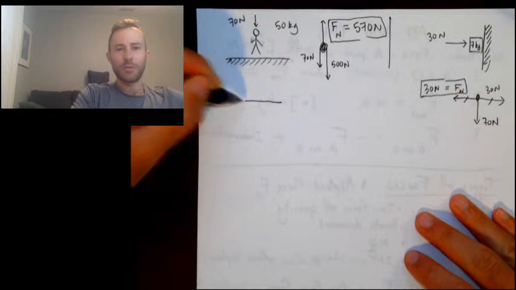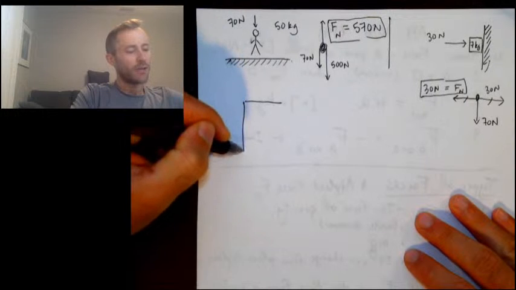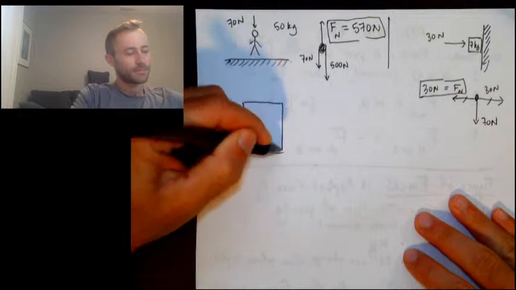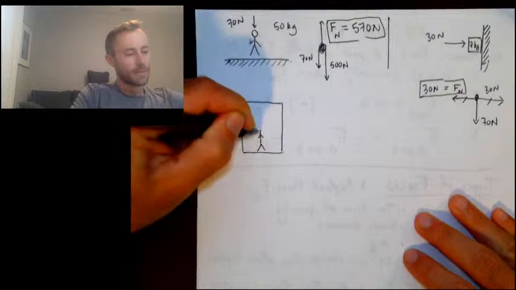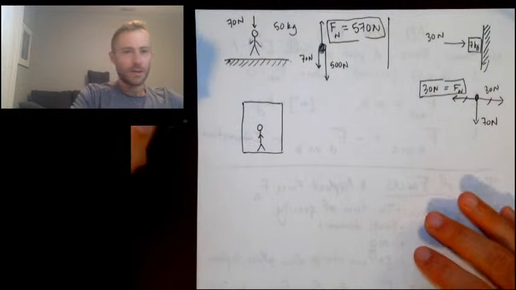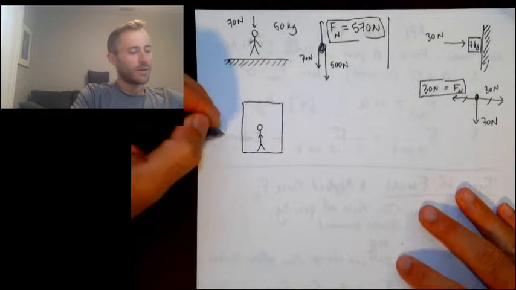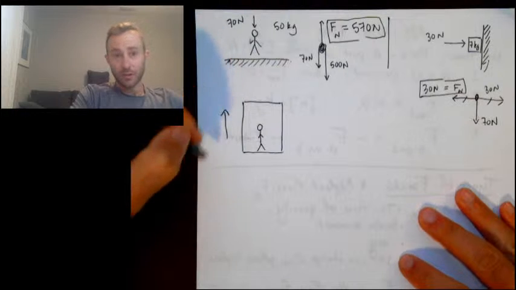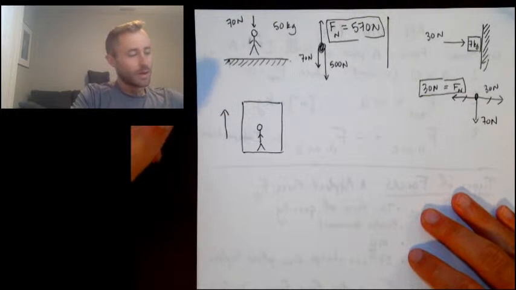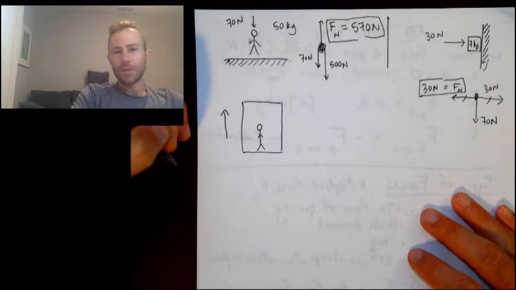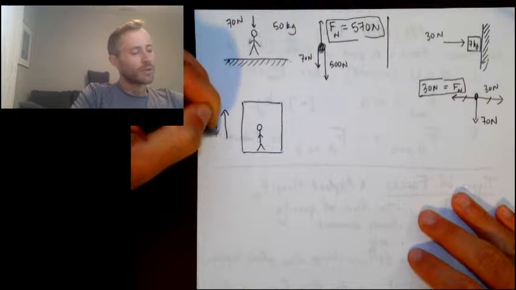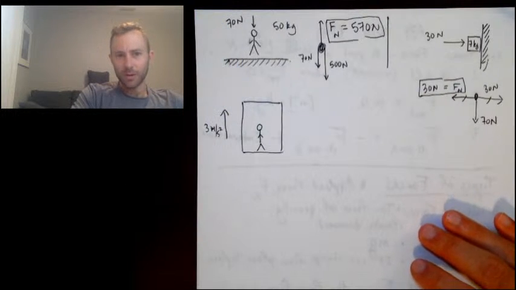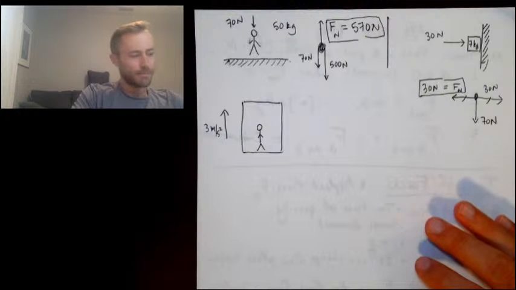What if you have a person in an elevator? Okay, you have a person in an elevator, and the elevator is accelerating upward at, let's say, 3 meters per second squared. So that's the acceleration of the elevator.